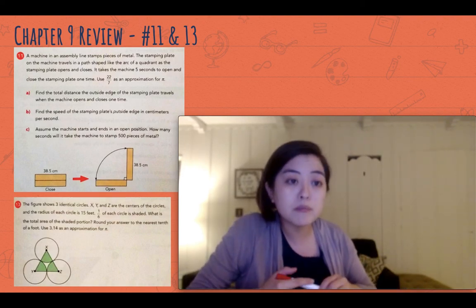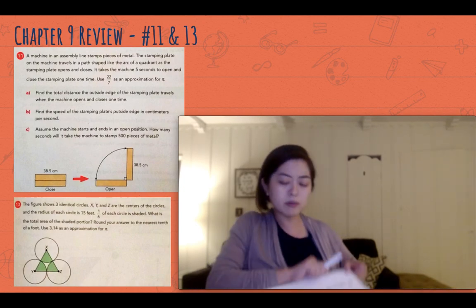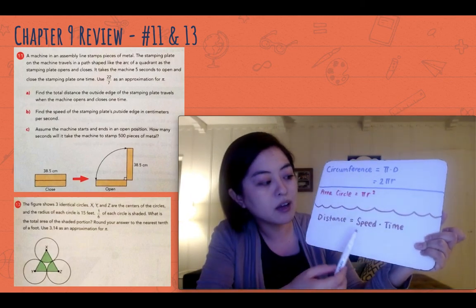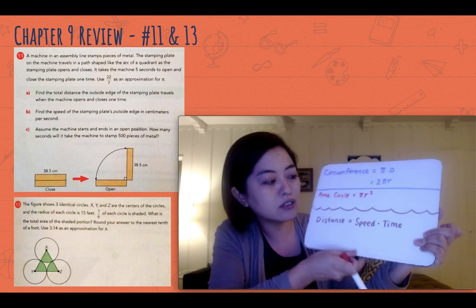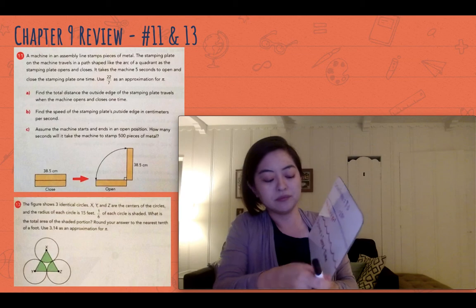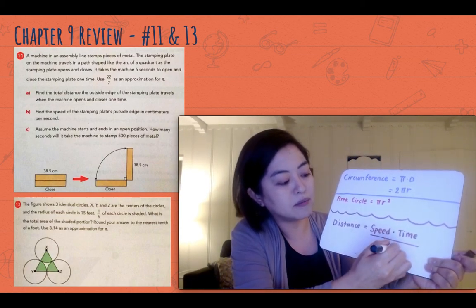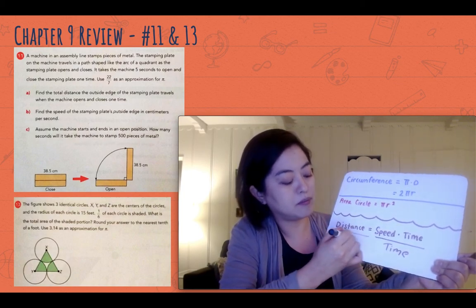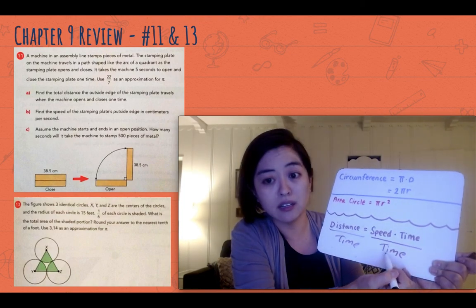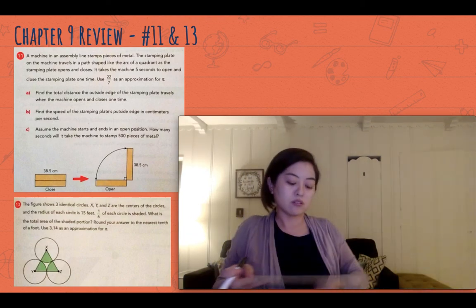And then for part B, we want to find the speed of the stamping plate. So remember that our distance formula is speed times time, but I want to find the speed. So to get speed on one side, what should I do? Well, I'm going to divide both sides by time. So if I do that, my time cancels out, right? And then I have speed is equal to distance over time.